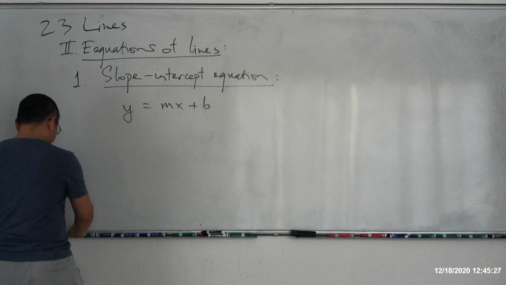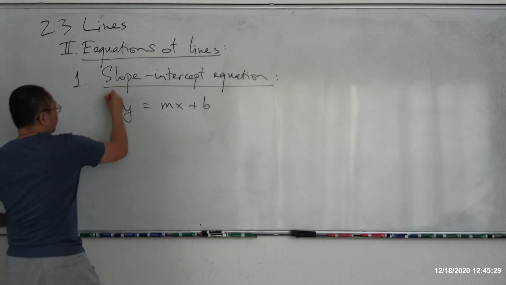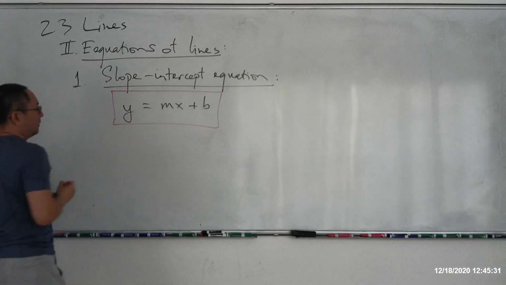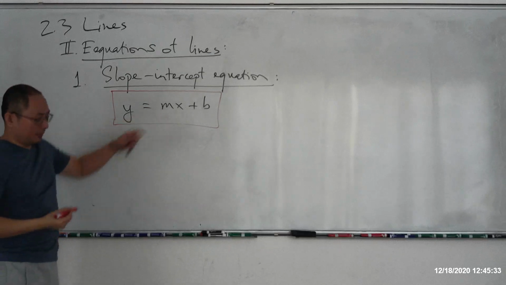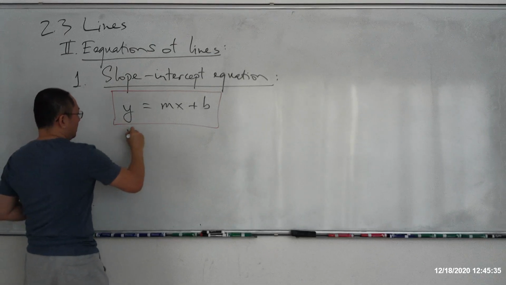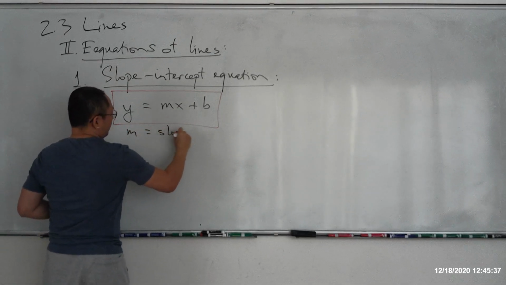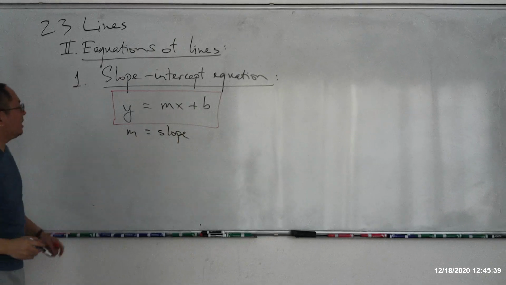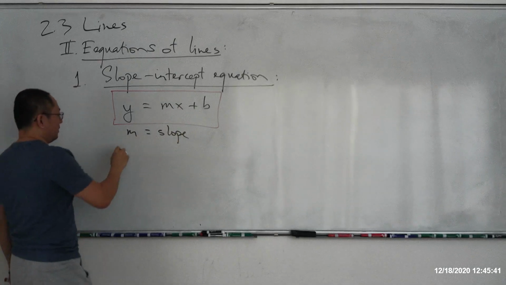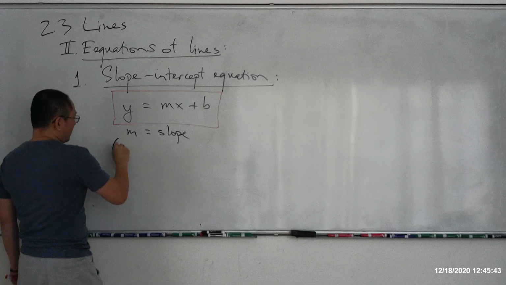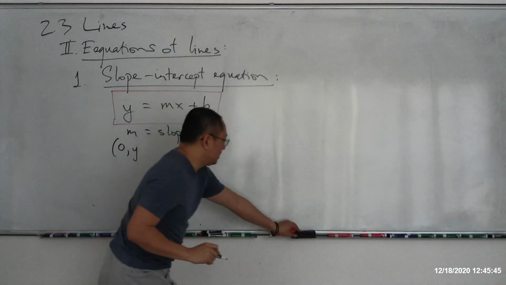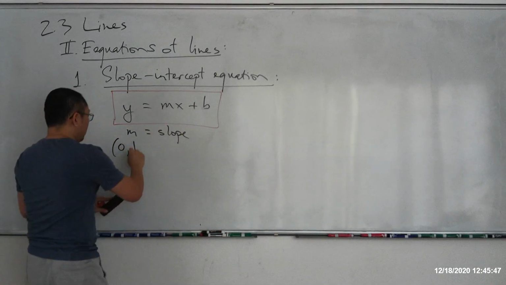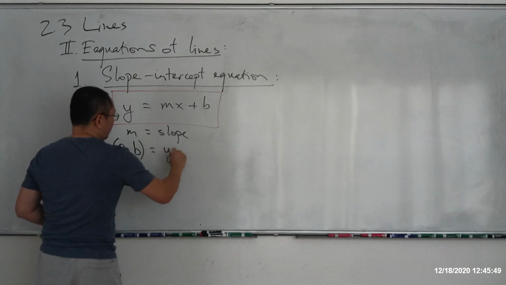Let me box that. Okay. Remember the m? M here is the slope. And you know what b is? B is the y-intercept. So the y-intercept is 0, comma b.